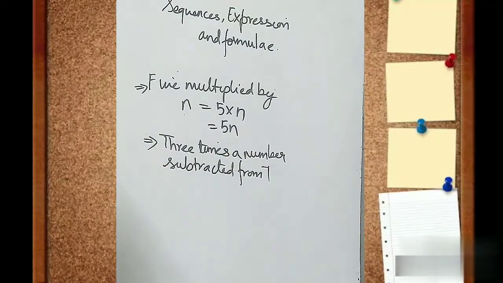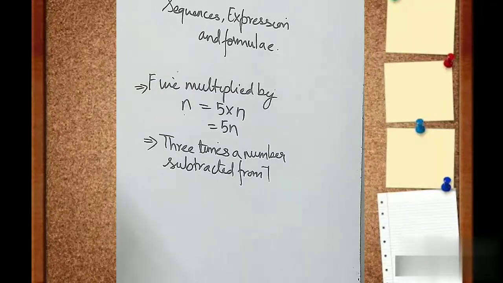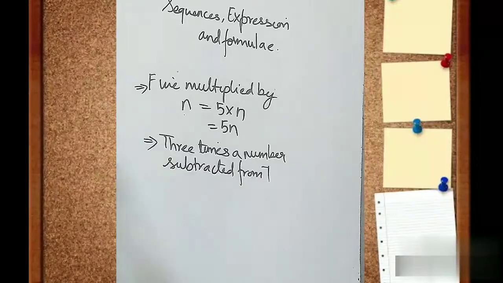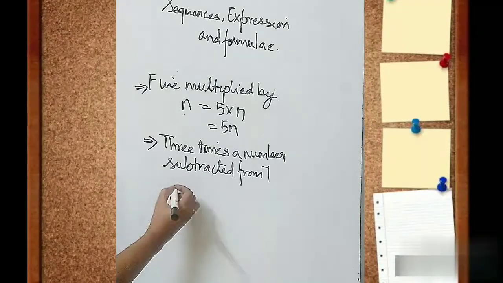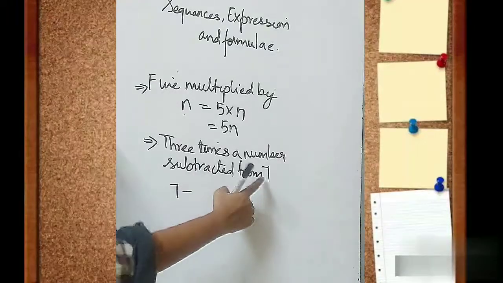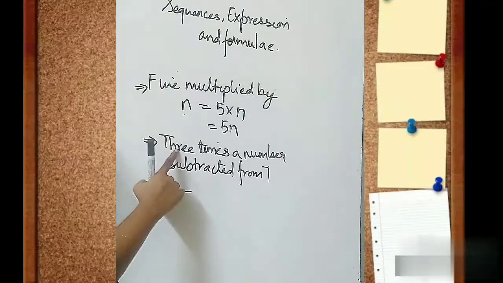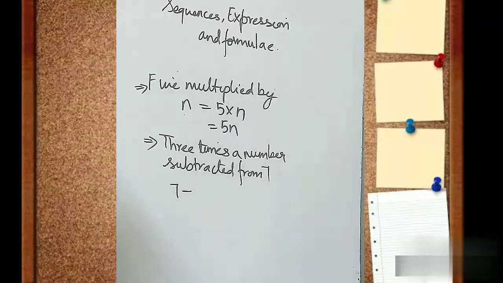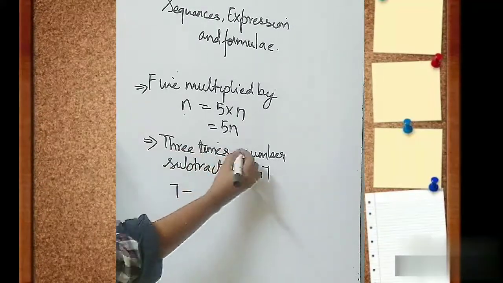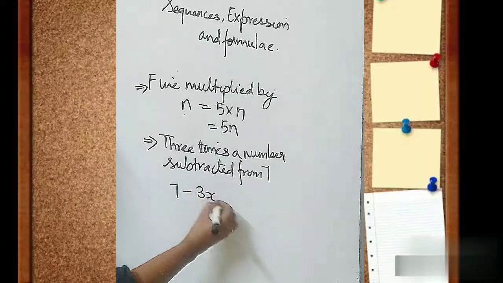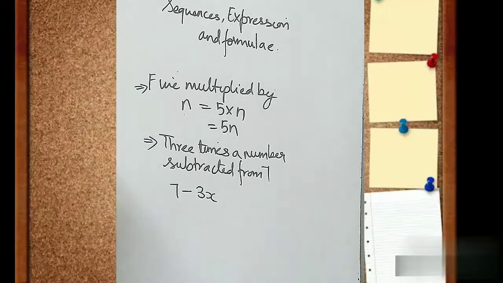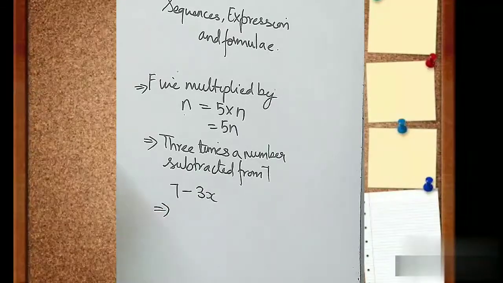Now always remember, subtraction, someone will get it or someone will not get it. What is it? Subtracted from 7. From 7 means you have to write 7 first, because that is the bigger one. From 7 means you have to write that number first. 3 times a number. A number you can take anything. I'll take the number as x. So 3 times a number, I'll write 3x. So this is our expression. So like that only you have to do, student. We'll take the next example of it. Okay.